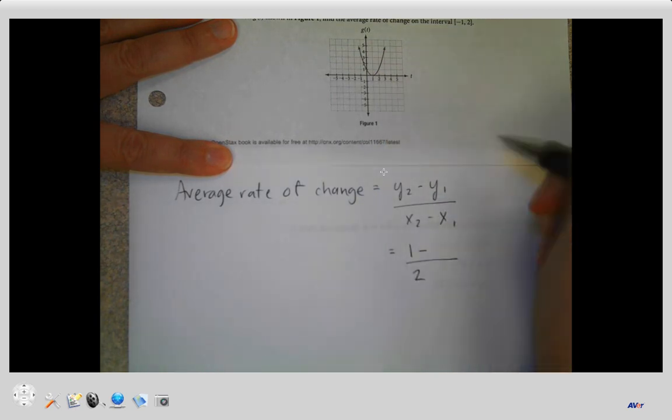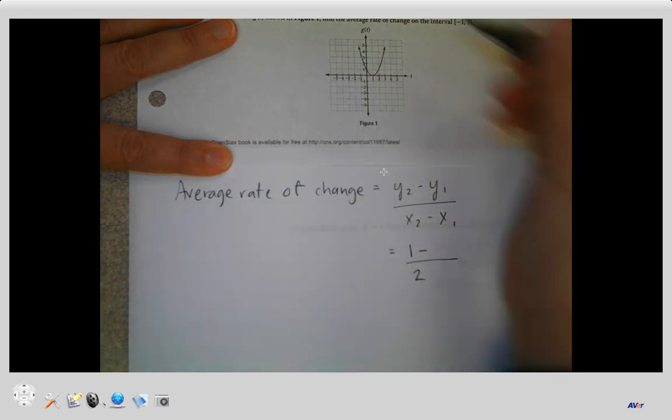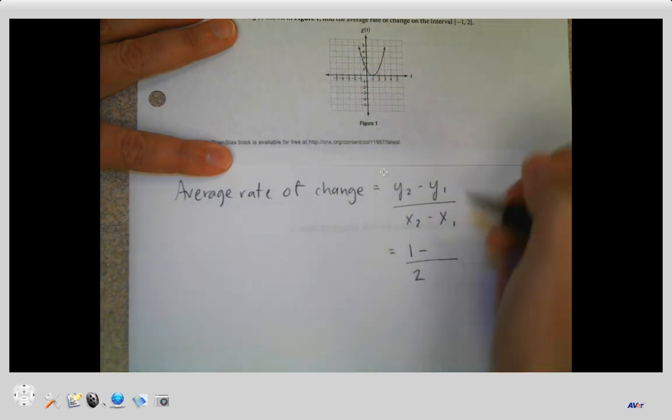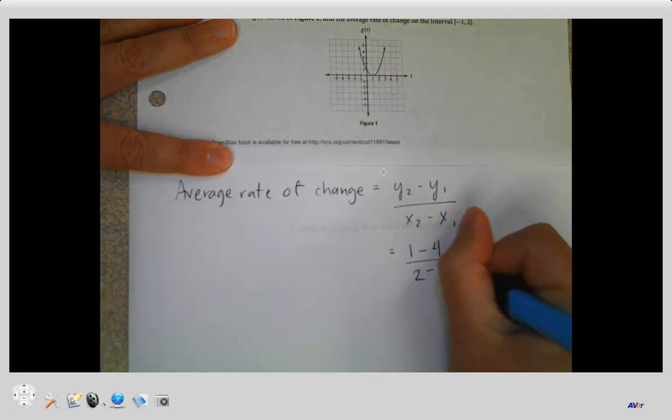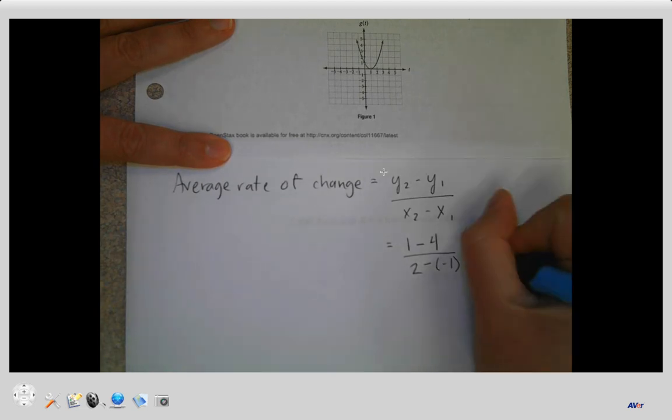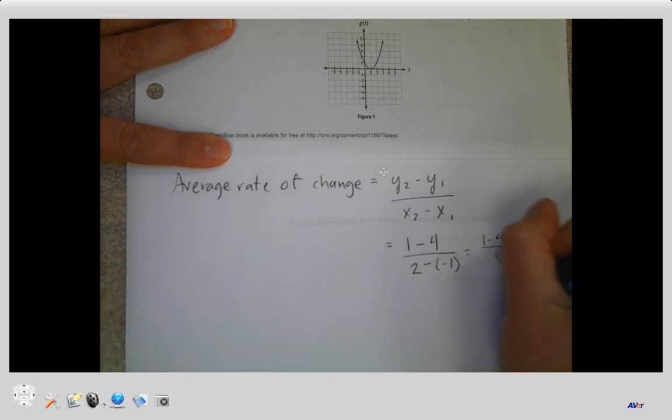And then my point number 1 is over here at -1, my x value is -1 and my y value is 4. Got to be careful of our minus signs, right? Our x1 value is -1, so it's 2 minus -1. So that's going to give me 1 minus 4 over 2 plus 1. So let's see, -3 over 3 equals -1.